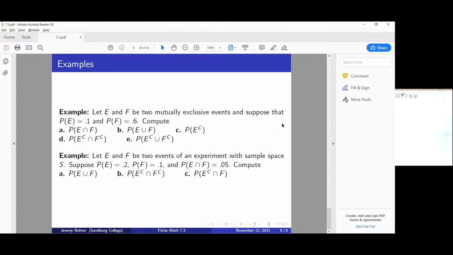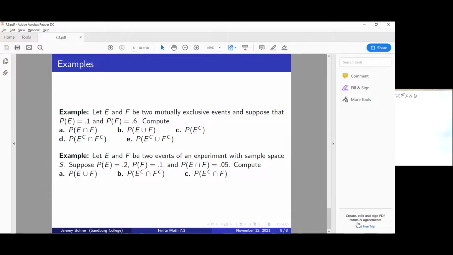Anyway, this is E or F, the probability of the complement of E or not E, the probability of the intersection of not E and not F, and the probability of not E or not F.